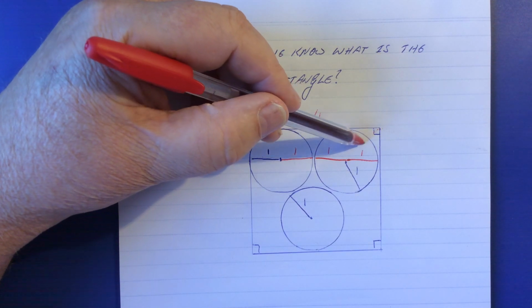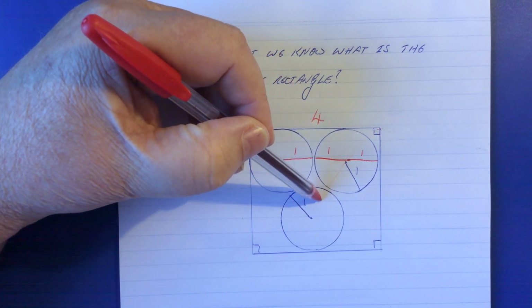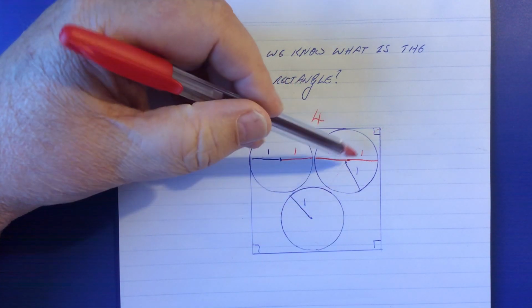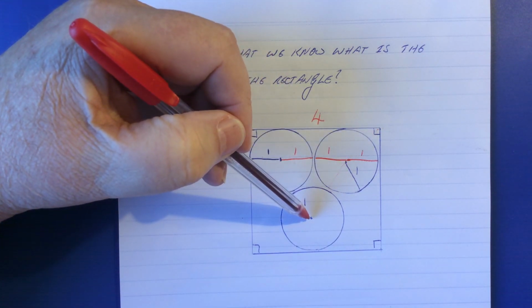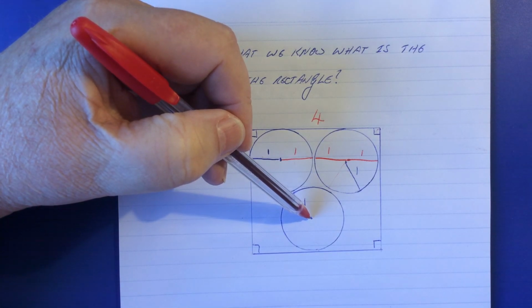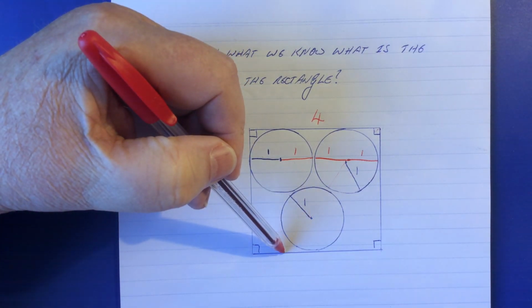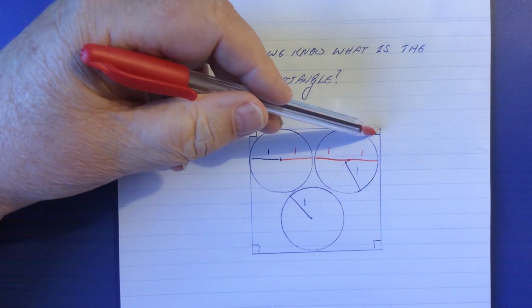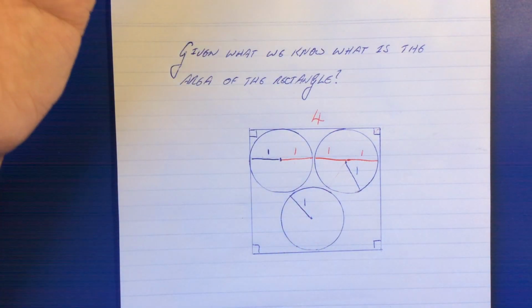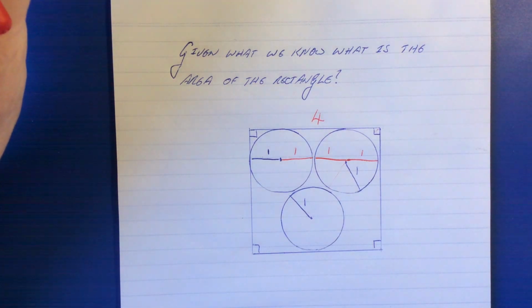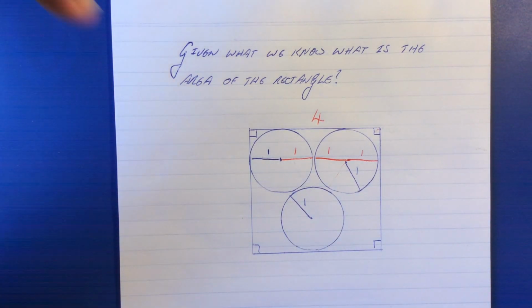So we can do that down through there like that, but I'm not certain that it would be a straight line. It might be, but I'm not certain of that. And we still have no idea what this length is or what this angle is, so that we could somehow work that out. No, we're going to have to draw in something else.